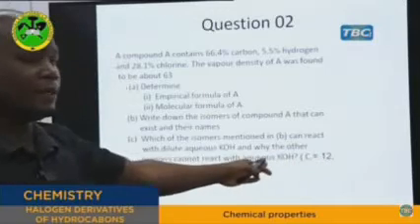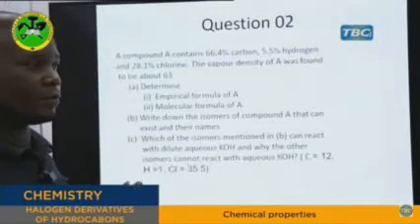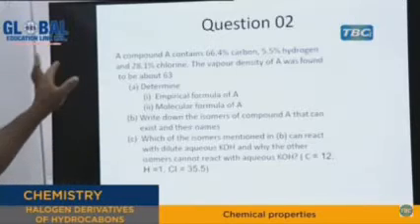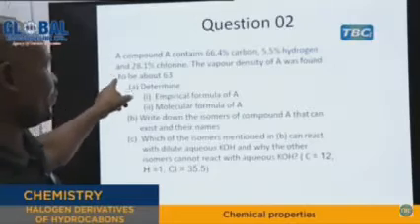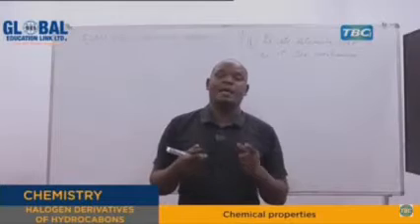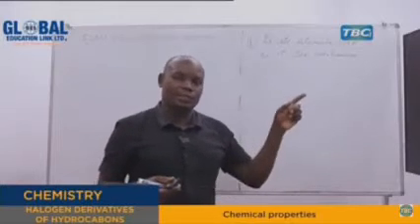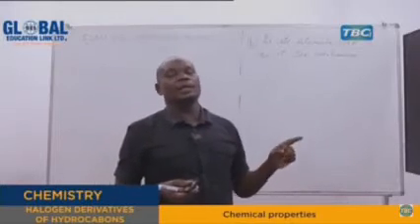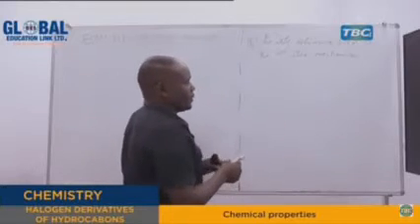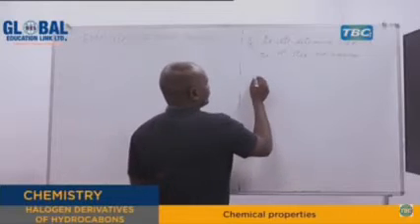And you have been given the atomic mass of carbon, which is 12, hydrogen, which is 1, and chlorine, which is 35.5. Now, from the highlights, our compound contains carbon, hydrogen, and chlorine, which means it is a haloalkane. So to answer the first part, let us construct a table.